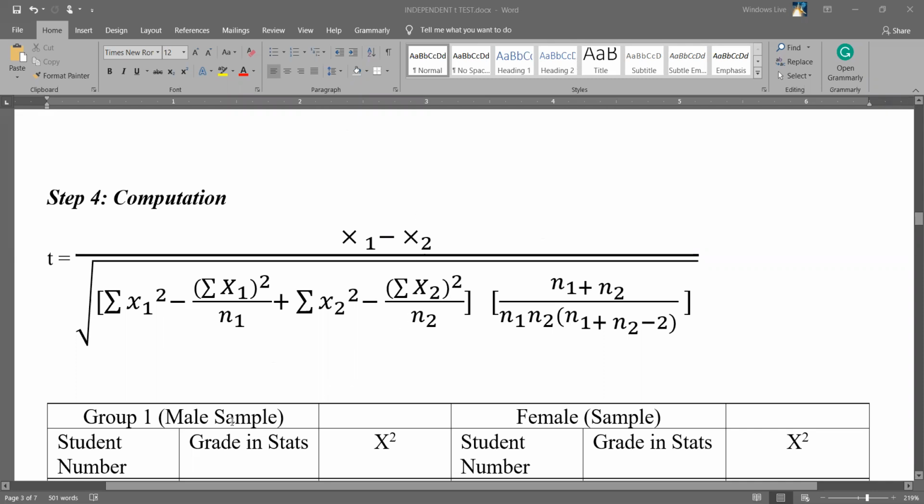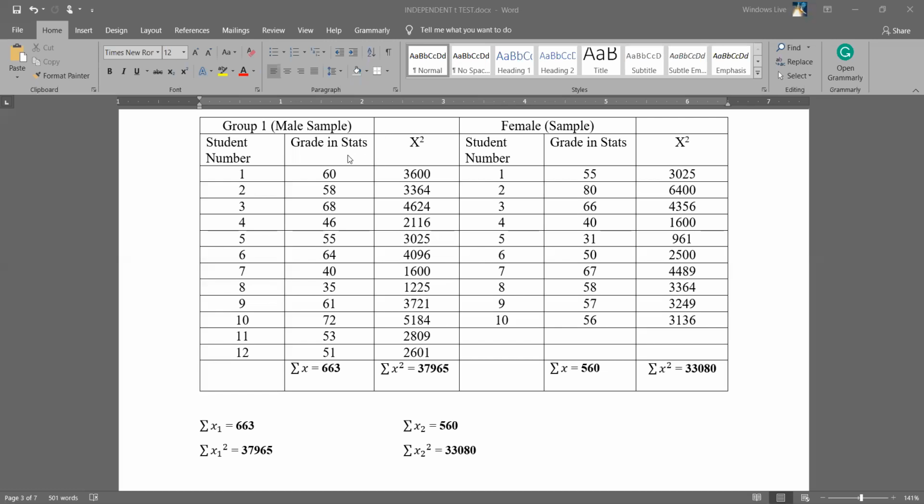You can see that for group 1, which is males, we have these values, and we are supposed to find sigma x.